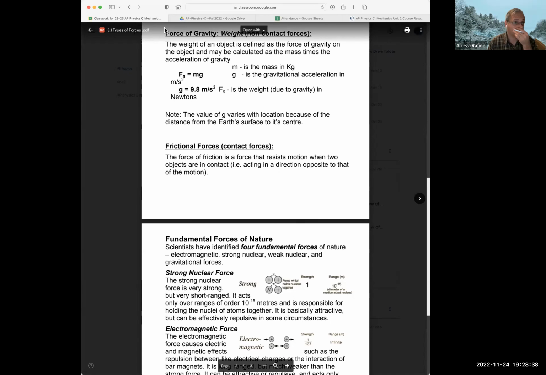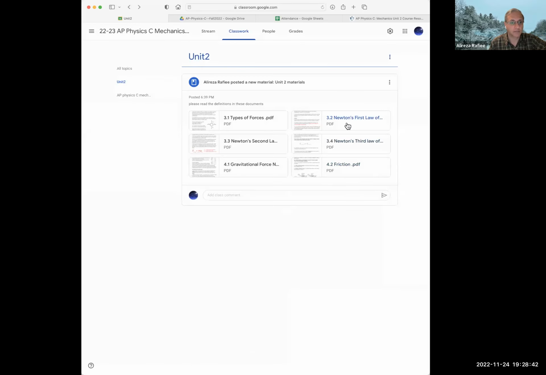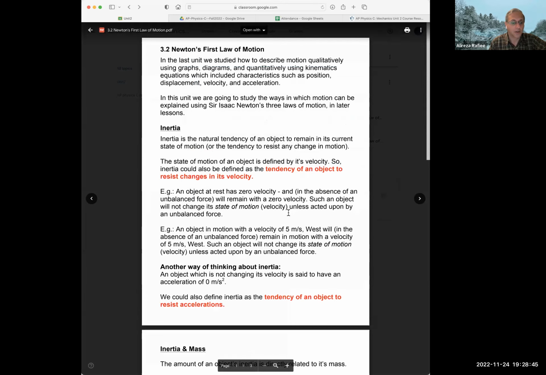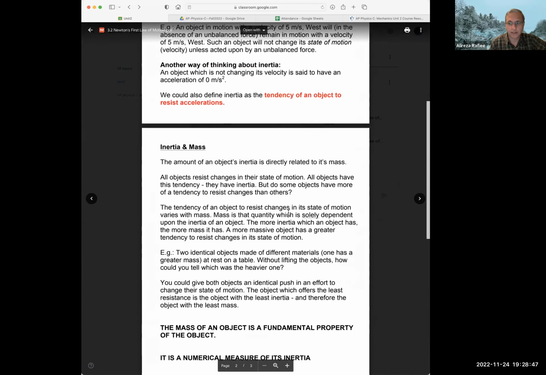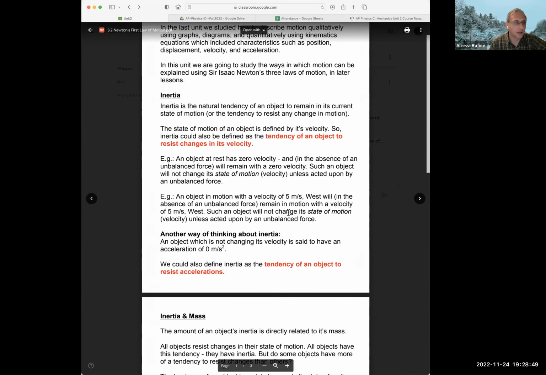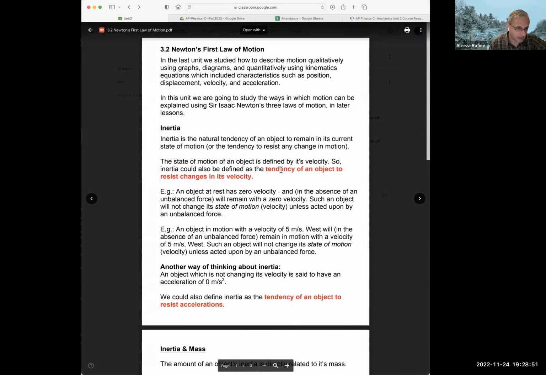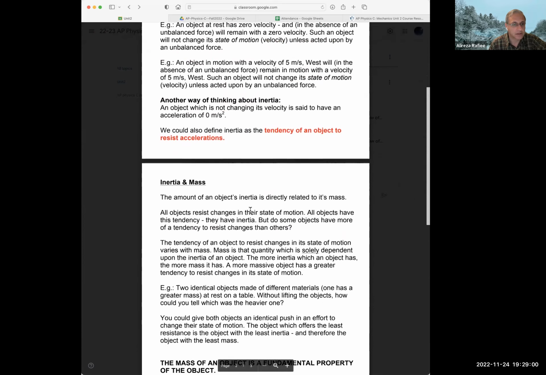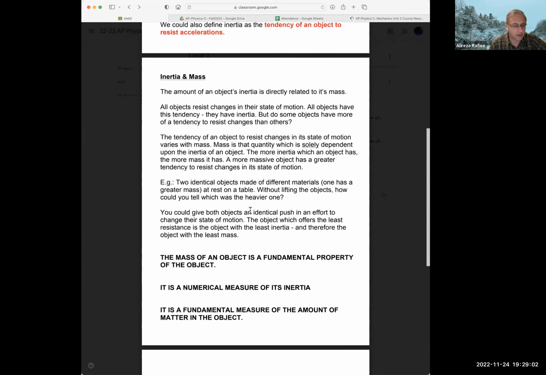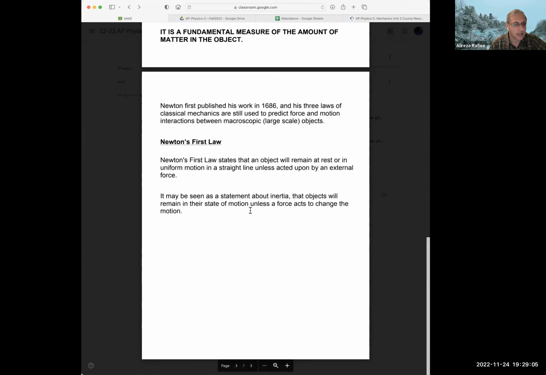Okay, so that's the first thing. And then we talked about Newton's law. Make sure you know that inertia is the tendency of the object to resist change in its velocity. That's the traditional definition for it. Technically, Newton's first law is about inertia.